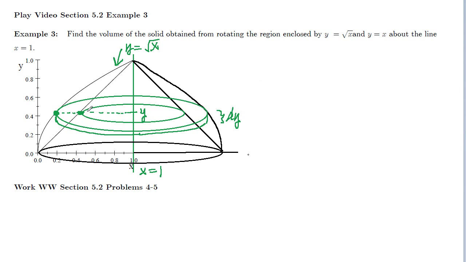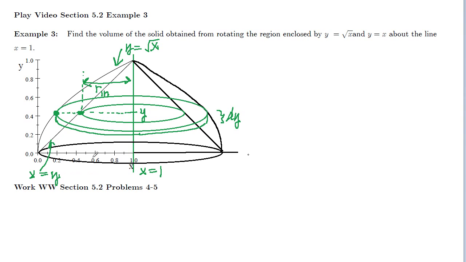And so our inner radius is right here. So that is our inner. And for a given y value, that radius is this distance here, which is the distance from the line x equal 1 down to this line here, which is x equal y, or y equal x.